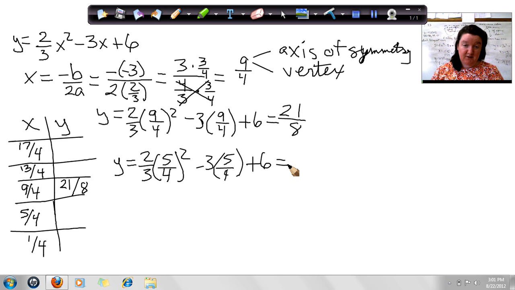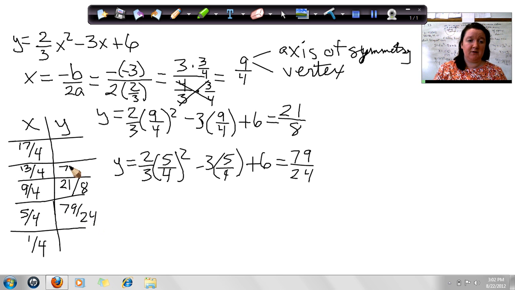So I have 2 divided by 3 times 5 over 4 squared minus 3 times 5 over 4 plus 6. And that's going to give me a value of 79 over 24, because remember in a parabola your values are symmetric.